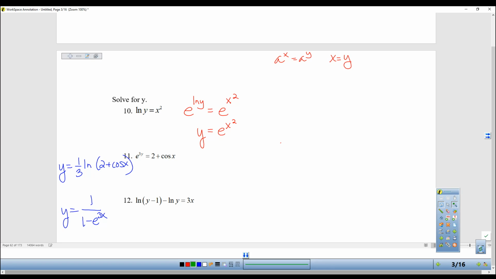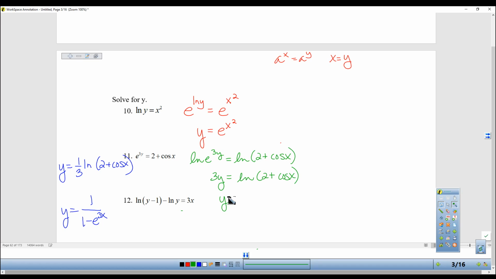Okay, number 11. So if you have an e that you're trying to undo, now instead of exponentiating both sides, I'm going to take the natural log of both sides. Make sure you don't take the natural log of individual terms. Rather, you have to take the natural log of the entire side. That cancels this. So I get 3y is equal to ln of 2 plus cosine of x.